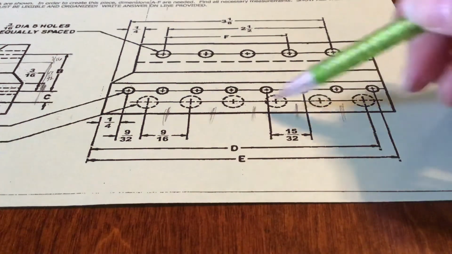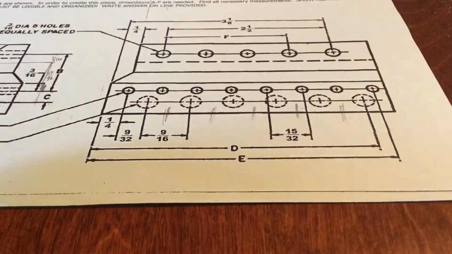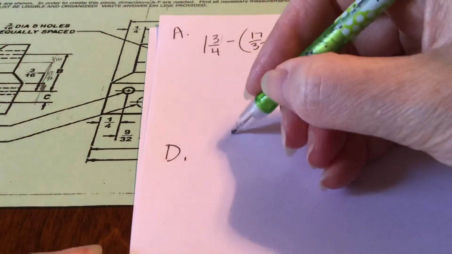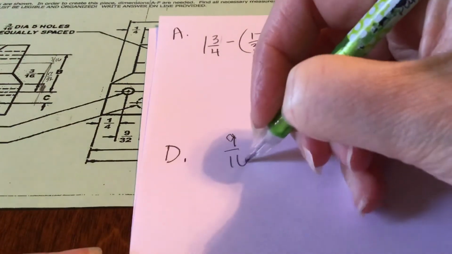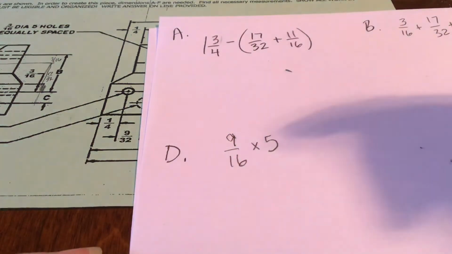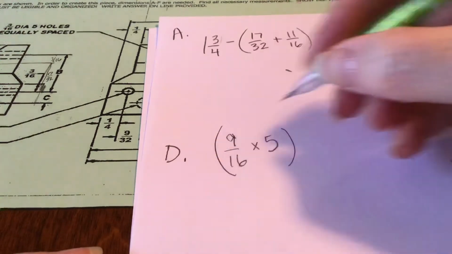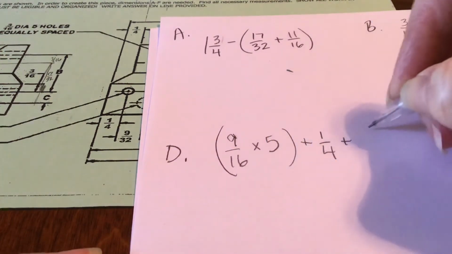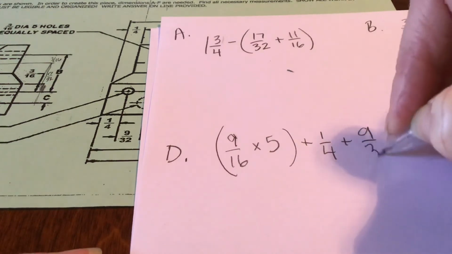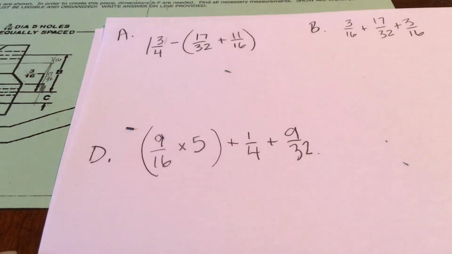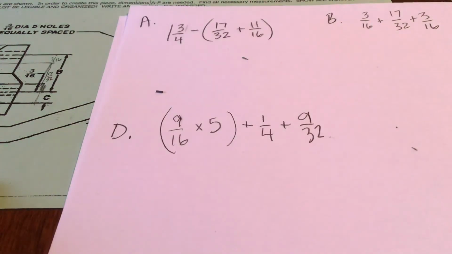There's 1, 2, 3, 4, 5 of those. So if we take 9/16 times 5, and then add on our 9/32 and our 1/4, that will give us the length of D.